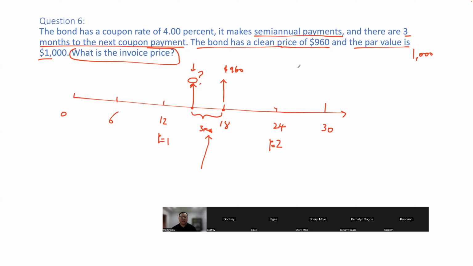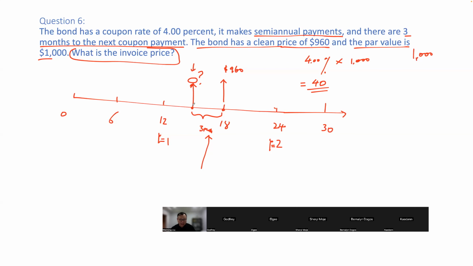So what happened is the coupon payment is 4% times $1,000 face value. So for each coupon payment, there are how many money? $40. Okay, so that's the $40 for each coupon payment.